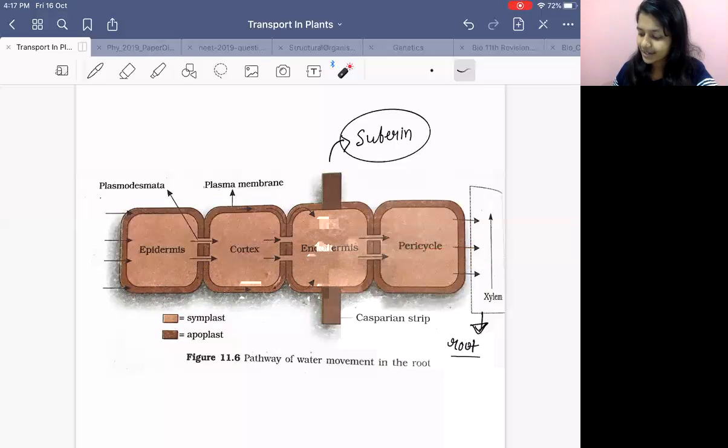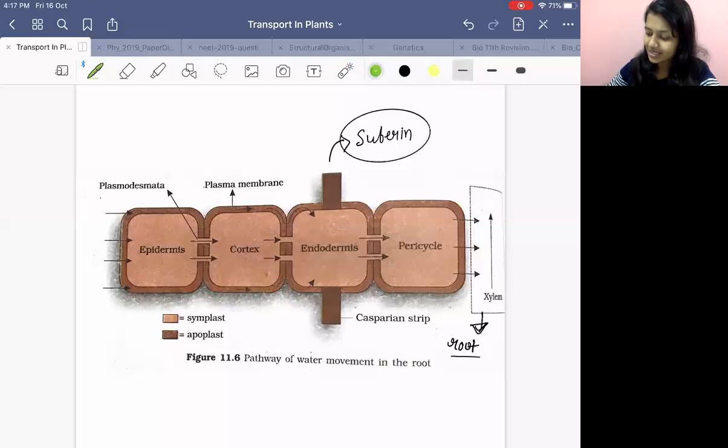How does it enter into the endodermis? What is that structure which connects the cytoplasm of two cells? Answer it. I have taught this in the chapter on the cell. What do you call them?